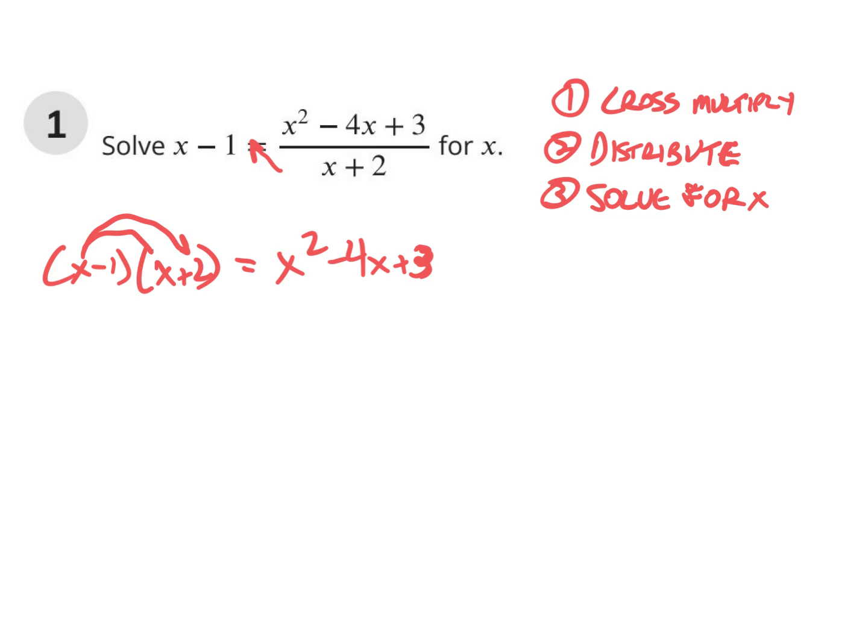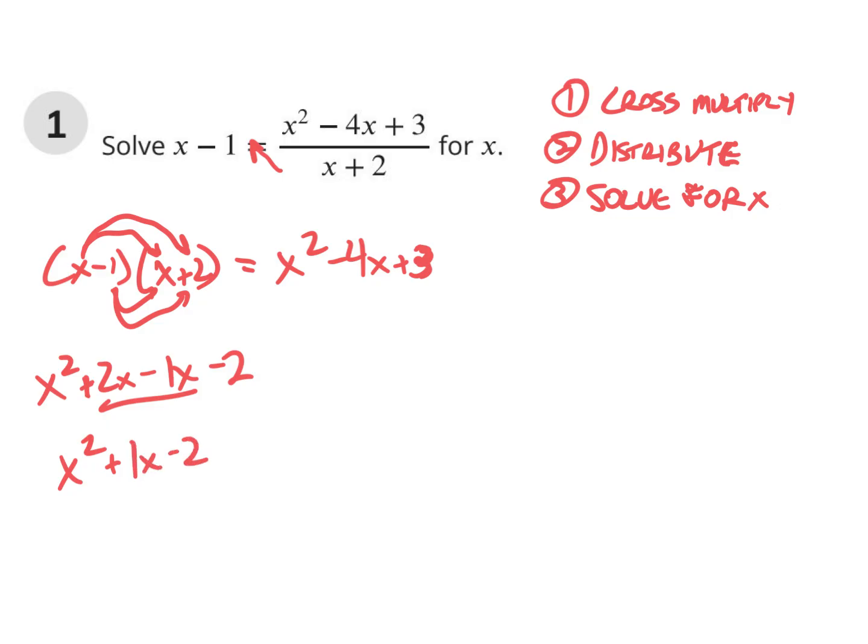Make sure, because you've got two terms, you have to doubly distribute, which means multiply to everything inside. x squared plus 2x minus 1x minus 2. I'm going to simplify that side. We get x squared plus 1x minus 2 is equal to x squared minus 4x plus 3.